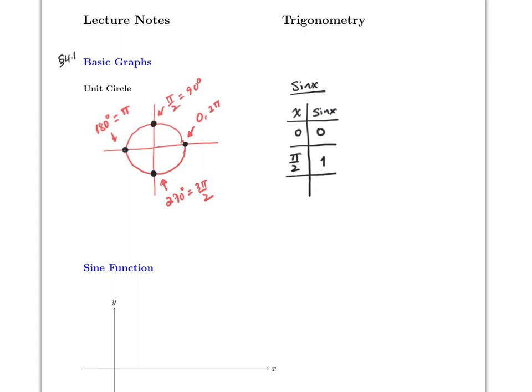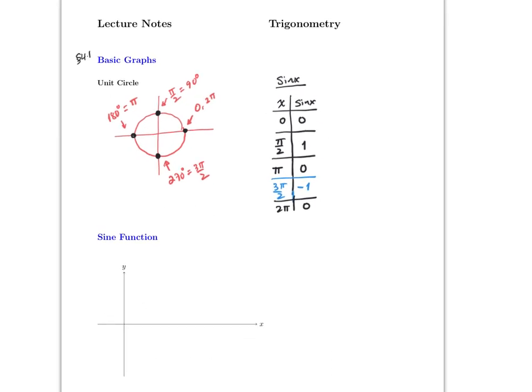Okay? And then if this is pi, this will be 0. And the next one is 3 pi over 2. This will give you minus 1. And then finally, 2 pi goes back to 0. Okay? So these are the values you need to memorize for sine.